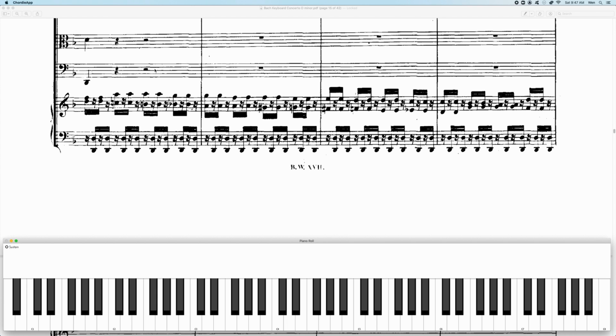Notice also that this chromatic second line here is totally optional. He could totally do it completely diatonically, like so. And end there.